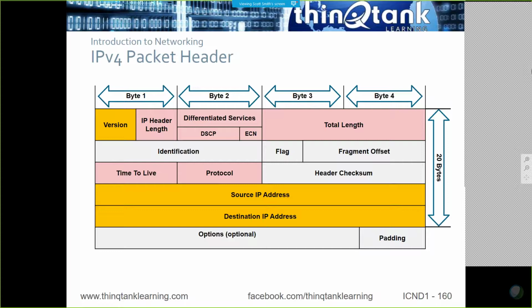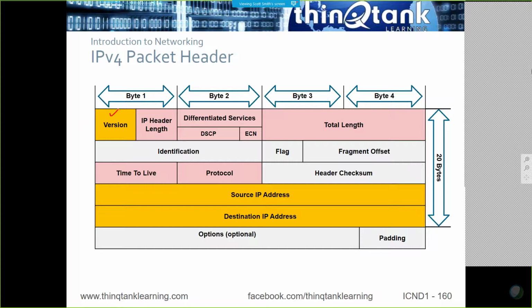So, as you can see, an IP header is far more complex than a data link layer header. But just like the data link layer header, we're going to spend some time breaking down each component of this header. Let's start with the version field.